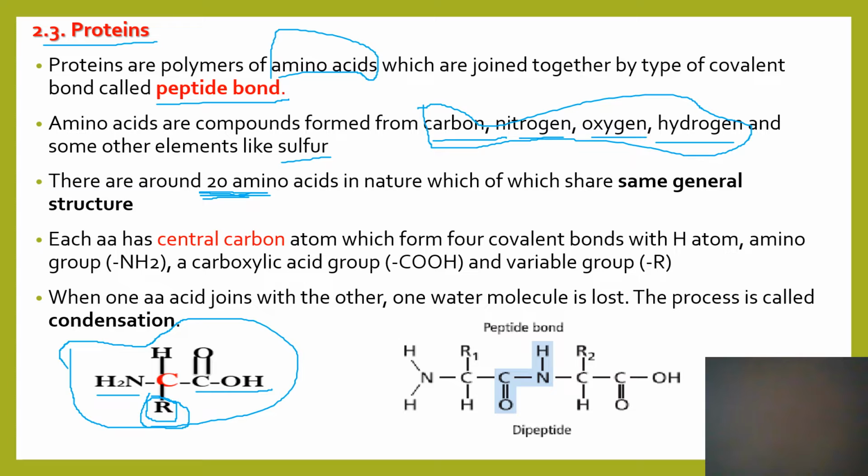Here, the peptide bond is formed between the carbon of the carboxylic acid group of the first amino acid and the nitrogen of the amino group of the second amino acid.